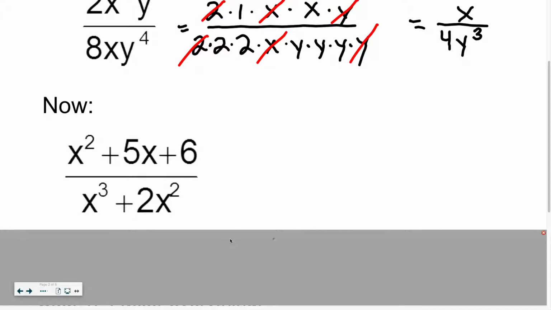Not allowed. Are these things in the numerator and the things in the denominator being multiplied? No. So x squared, 5x, and 6 are not factors. They're what we would call terms. Terms are things that are being added or subtracted.